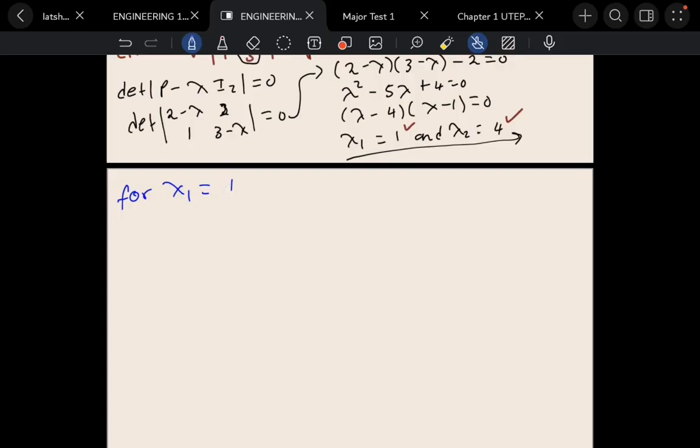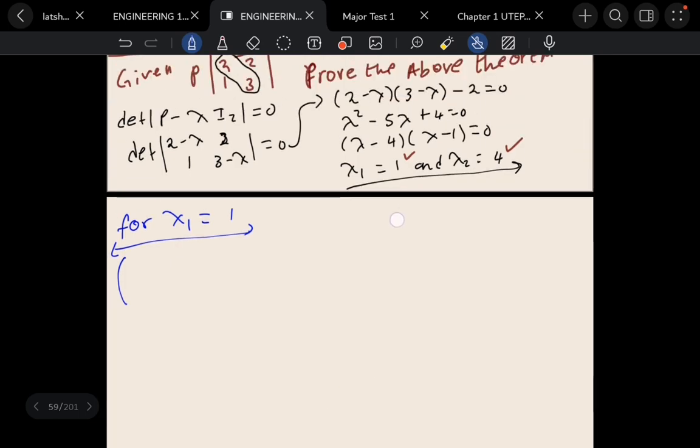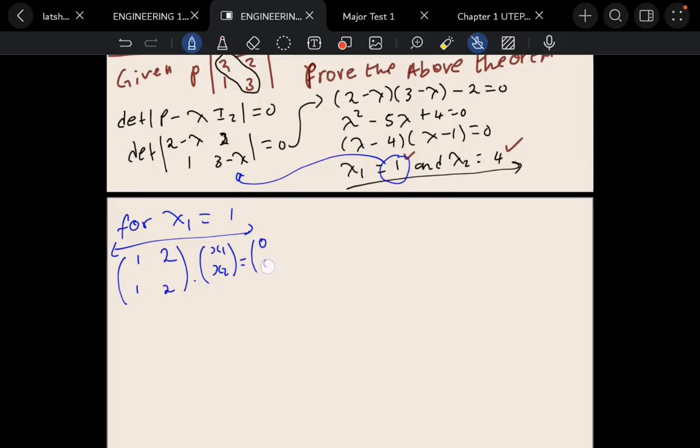For lambda 1 is equal to 1, I'm going to replace this 1 into this equation there. So I'm going to have 2 minus 1, that is going to be 1, 1. And then I'm going to have 3 minus 1, which is going to be 2, times x1, x2 is equal to 0, 0.